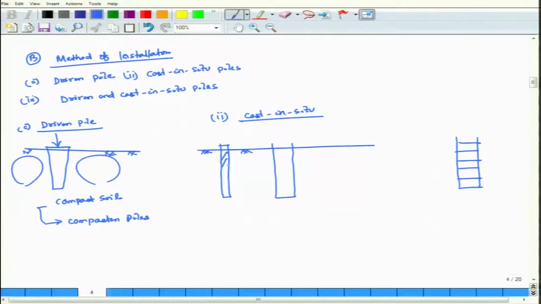So, cast in situ, it may be a straight shafted, or it may be under reamed. Ball shape under ream, at the bottom it has been provided.